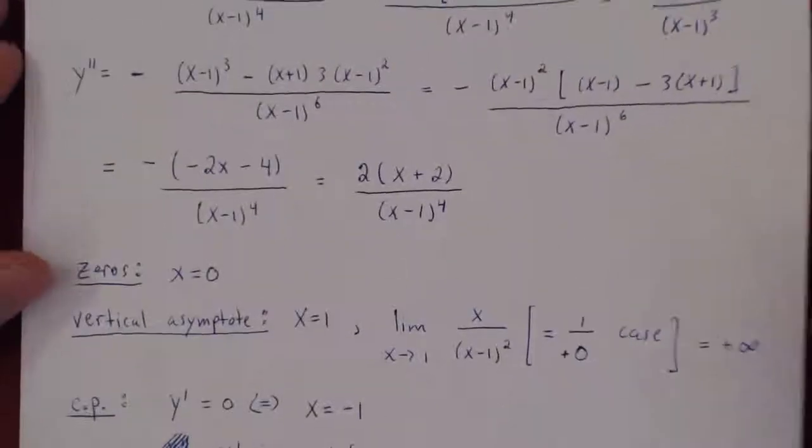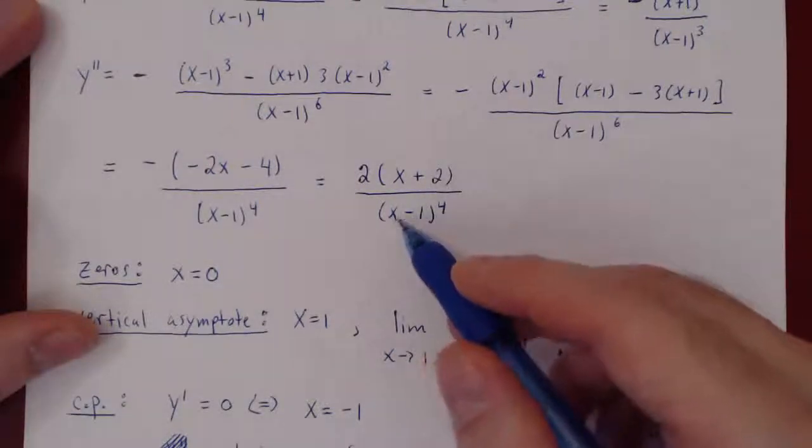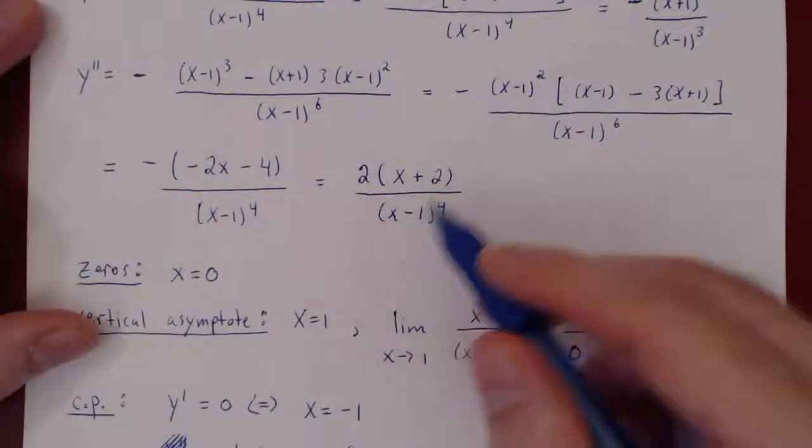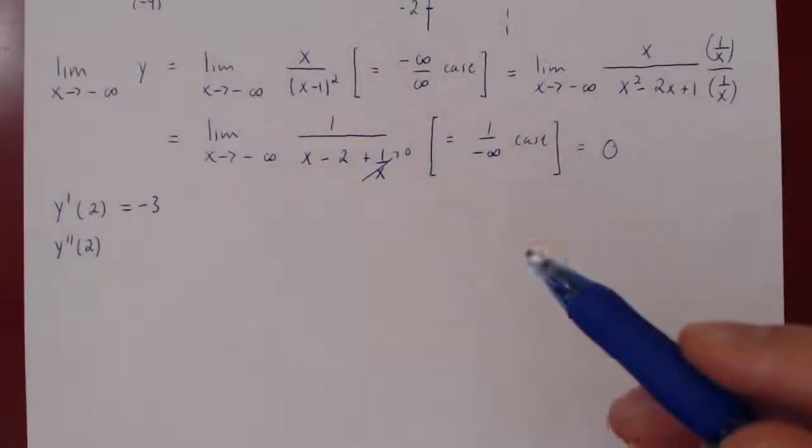What about the second derivative? Well, here it is. At x equals 2, again, 2 minus 1 is 1. 1 to the 4 is 1. 2 plus 2 is 4, times 2 is 8, so it is positive 8.